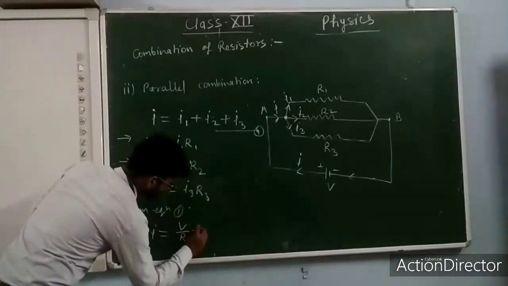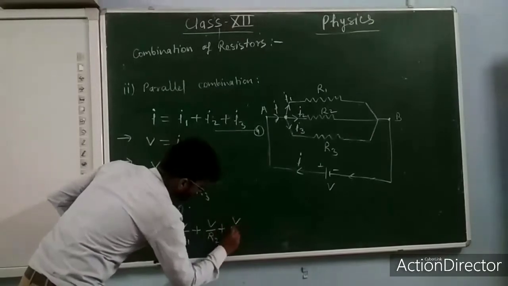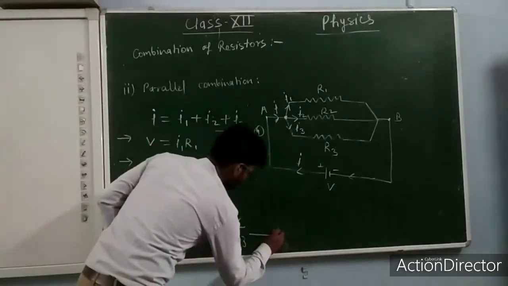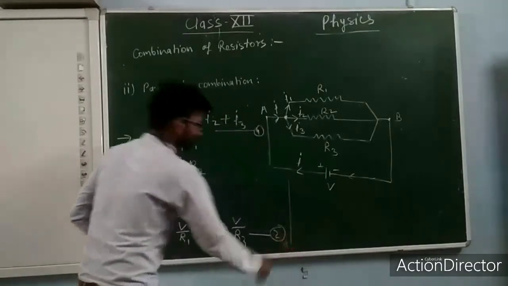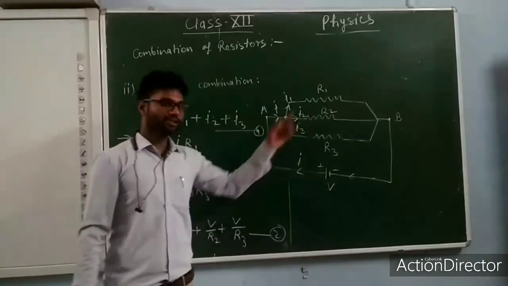And I2 equal to V divided by R2, and similarly I3 equal to V divided by R3. This is equation 2. Now these equations are written for this original circuit.